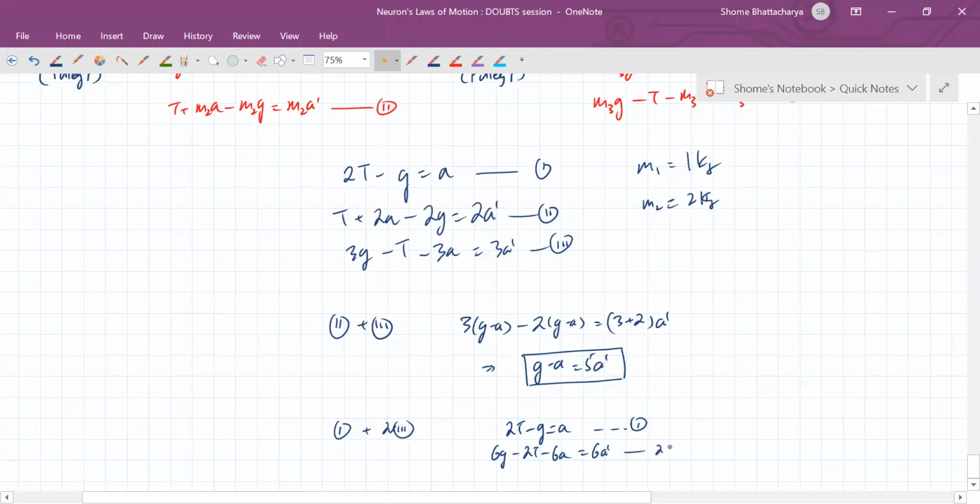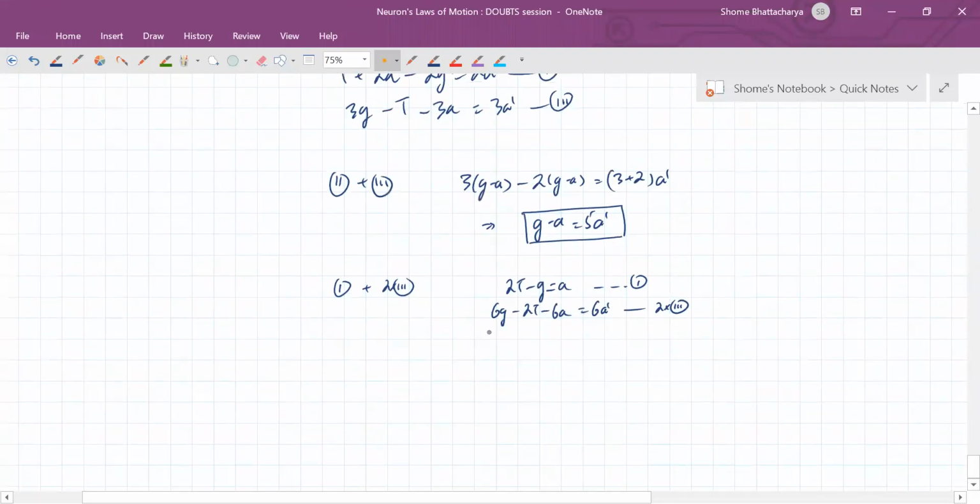That will become 2 times equation 3. Now we add these two, so you will get 5g minus 6a is equal to 6a prime.